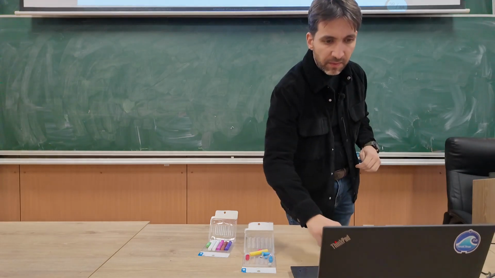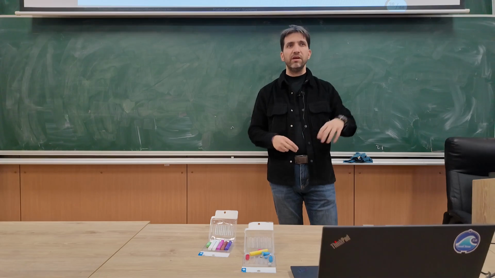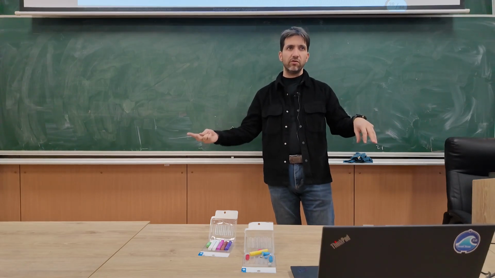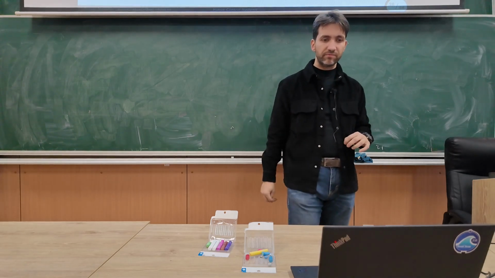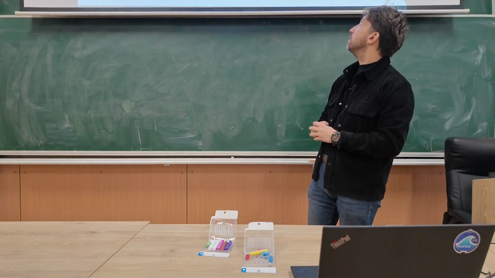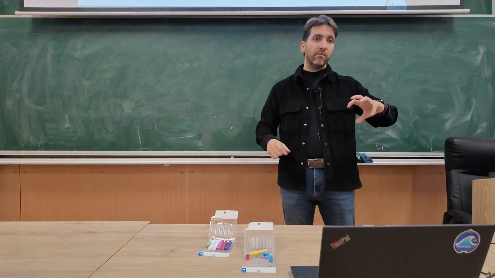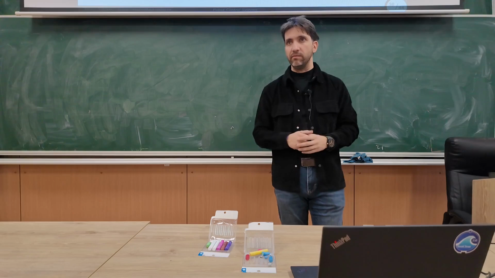The coordinates would be the position of the left and the right wheel, and the states would be the coordinates plus their derivatives, the velocities. So phi L and phi R are the angles of the left and the right wheel.